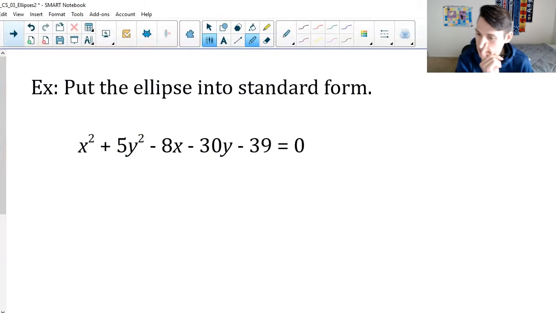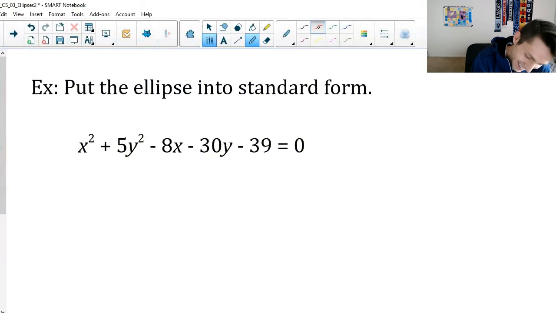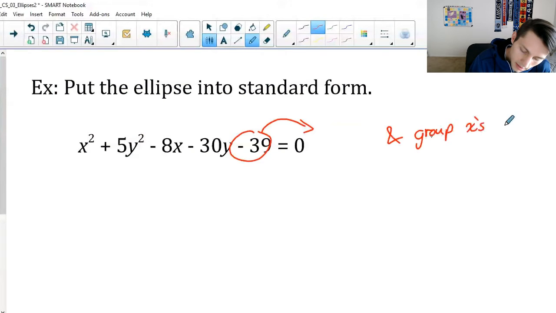So putting the ellipse into standard form, let's do almost the same process of what we did before with putting circles into standard form. Our first step is going to be to take the constant, move it over, and I'm going to group x's and group the y's.